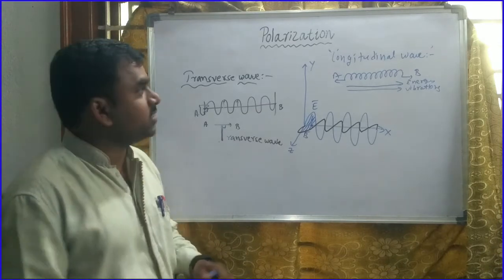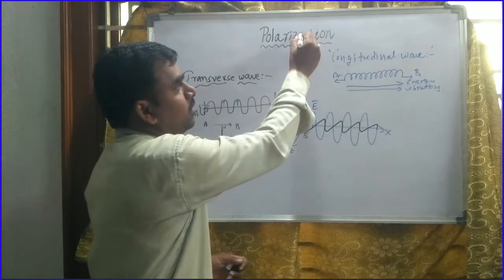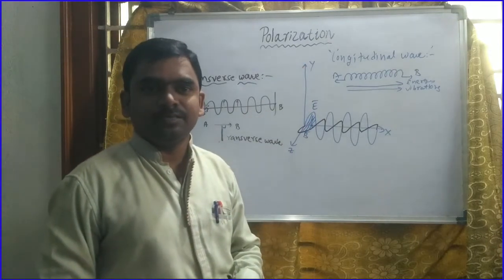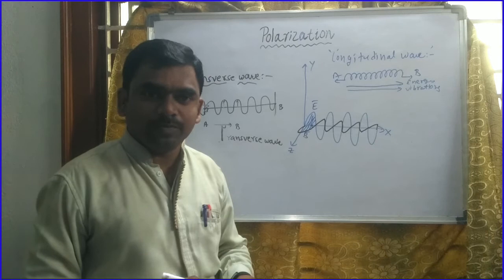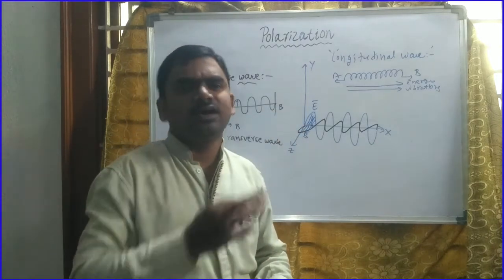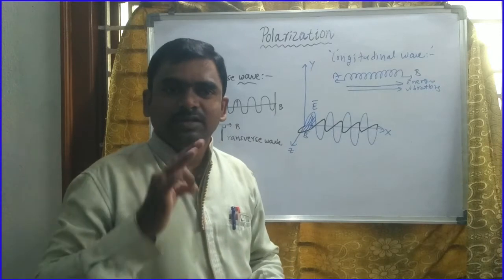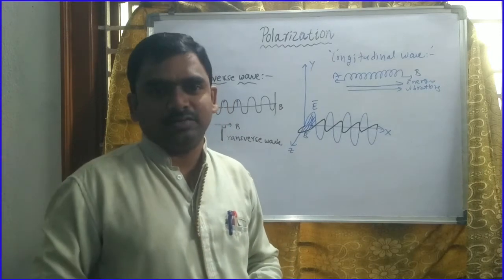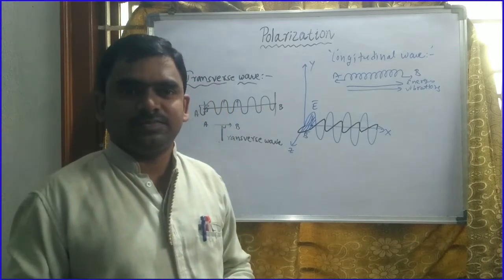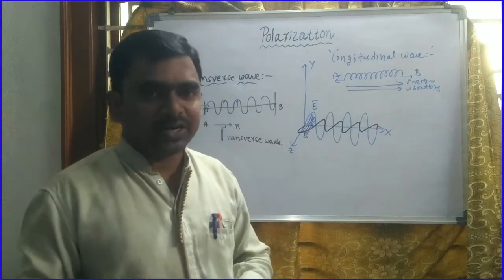Now, we have to prove that light is an electromagnetic wave. Generally, if we take sunlight or a normal light, that is unpolarized light. Why are we calling it unpolarized light? Because light is a stream of particles, as we know.